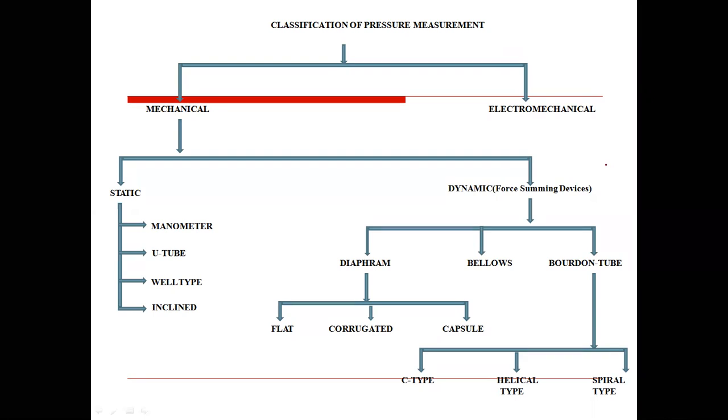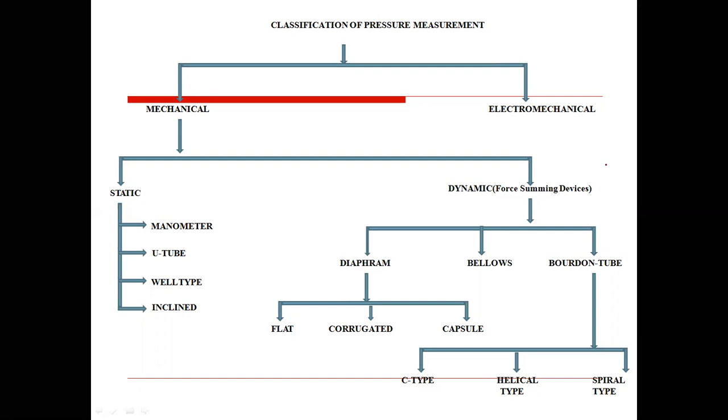Whereas in manometer, here is the actual thing at the primary level. Though it is in the still condition, when you are applying a force, it is going to remain the same. So that is called a static one.